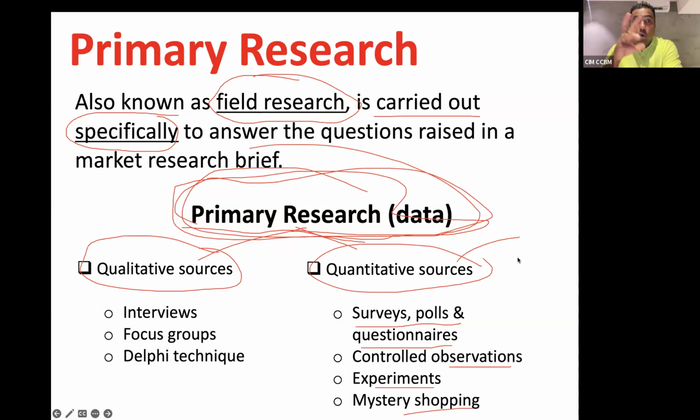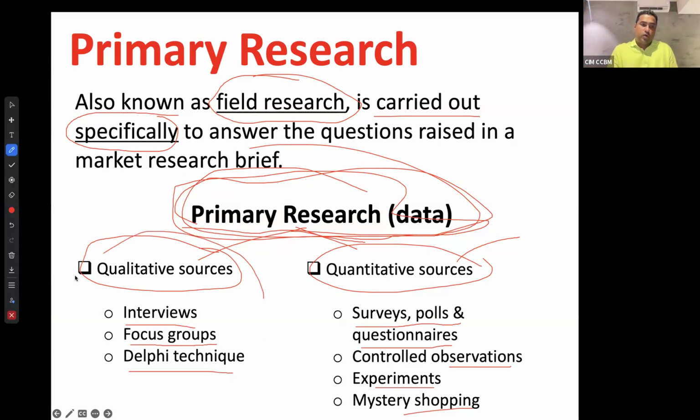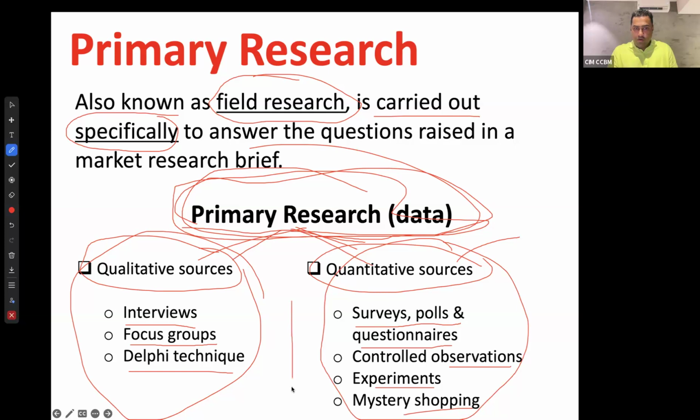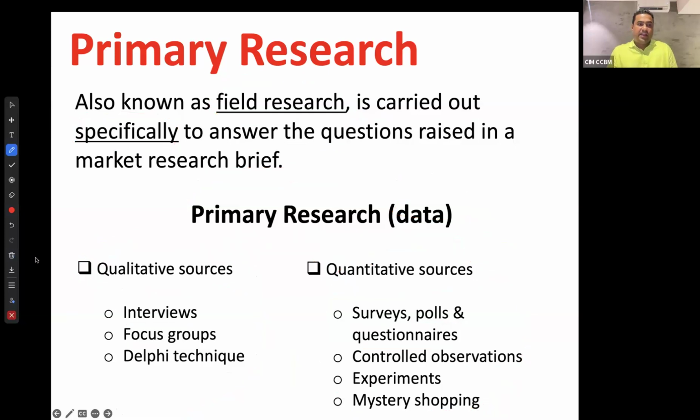The opposite of that is qualitative data, non-quantified data, right? So you gather it through focus groups, in-depth interviews, and a technique called the Delphi technique, which we will learn. So you have qualitative data and quantitative data under primary research. And we will go into each of these types in the next few slides.